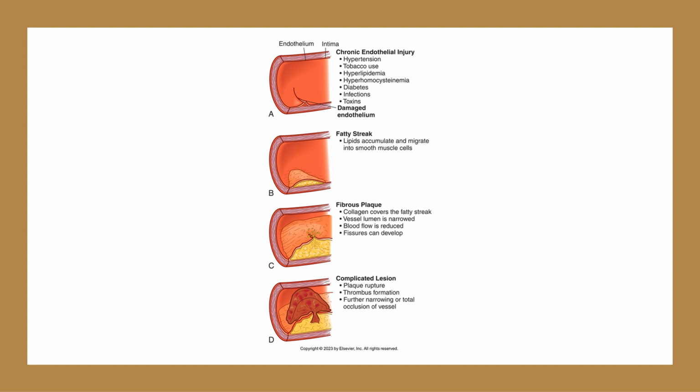We're now going to look at the pathophysiology of atherosclerosis. If you recall from the previous slide, we said in the coronary artery, there is going to be some damage to the endothelial lining. And we said things like hypertension, smoking or tobacco use, hyperlipidemia, diabetes, etc. can cause damage to that endothelial lining.